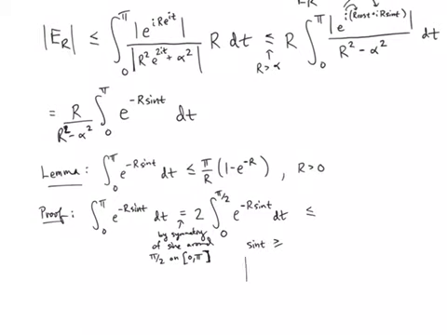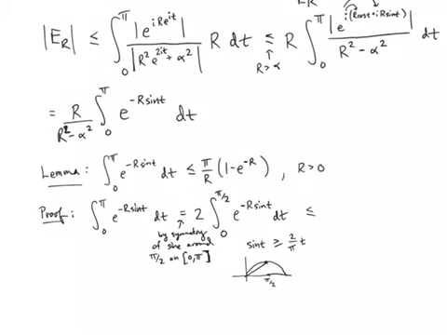Looking at the graph of sine of t on 0 to pi over 2, one estimate I can make is that sine is bigger than or equal to the line that connects the point 0, 0 to the point pi over 2, 1. The slope of that line is 1 over pi over 2, which is 2 over pi. So sine t is greater than or equal to 2 over pi times t.